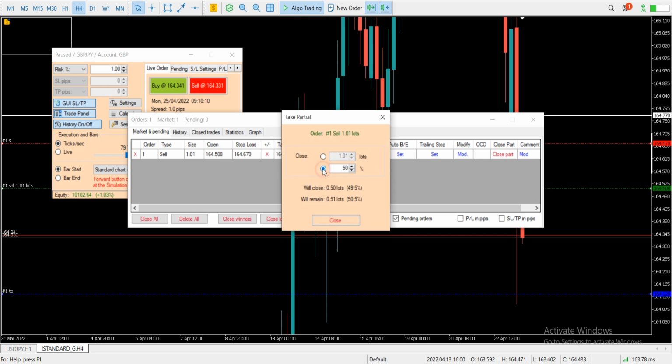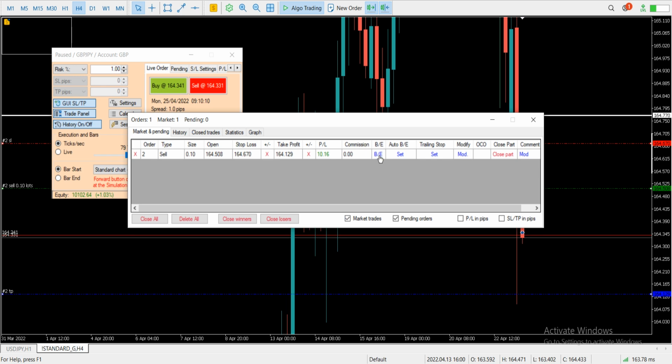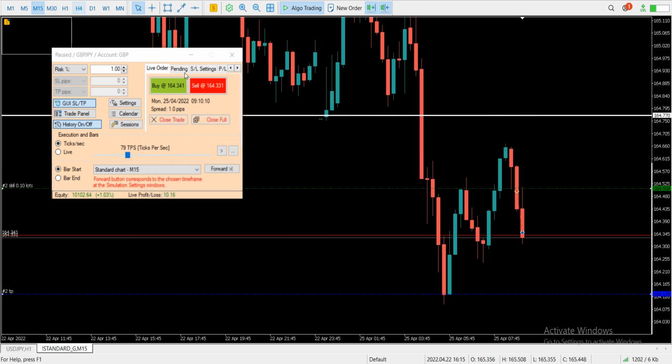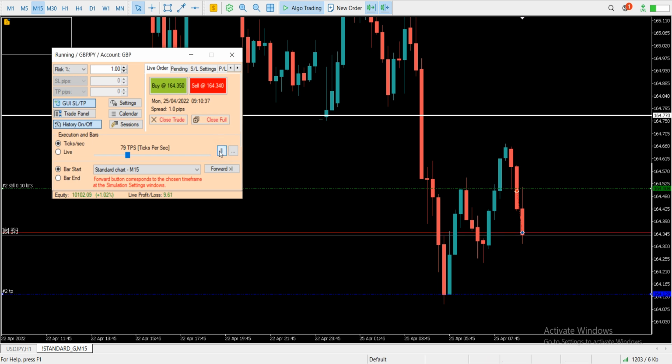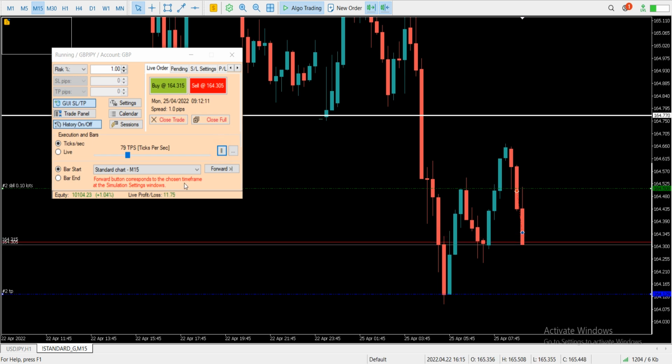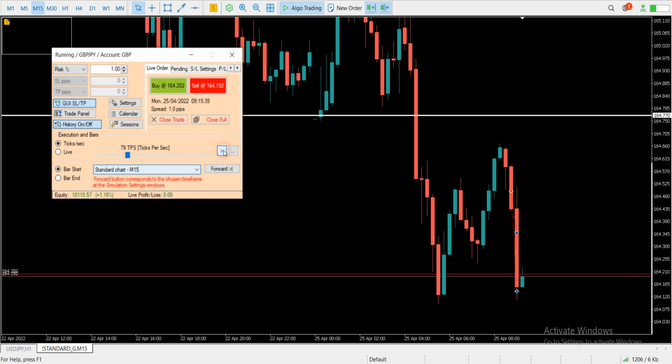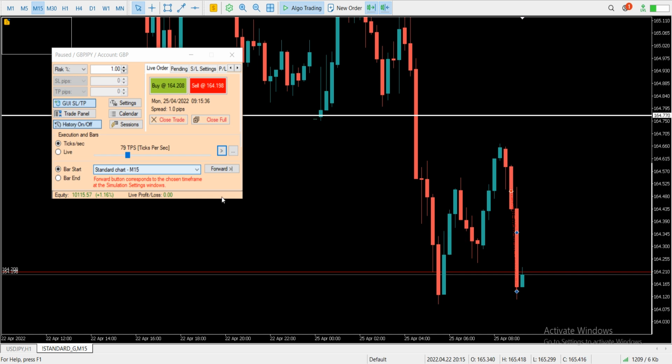Close 90% maybe. Yeah, close 90%, set stop loss to break even, and make it a risk-free trade. Now I'm totally relaxed. If this works, perfect. If not, then I have already secured some percentage. So forward the candle. Okay, wow, it tapped the take profit. Perfect.